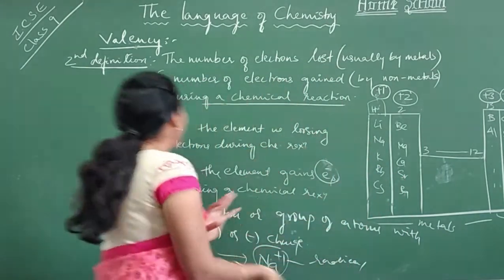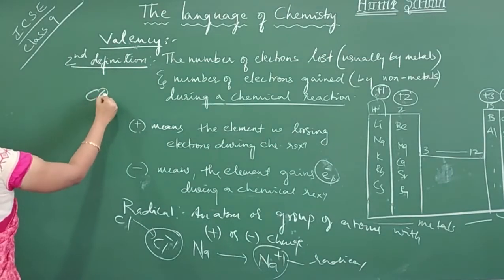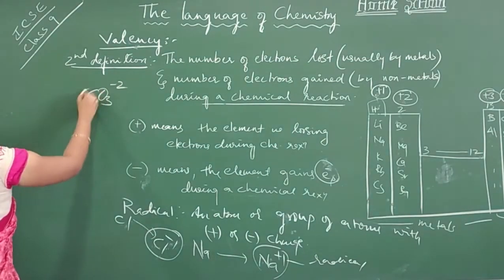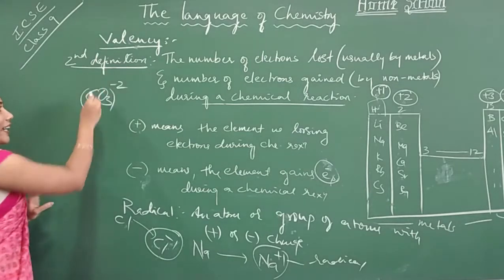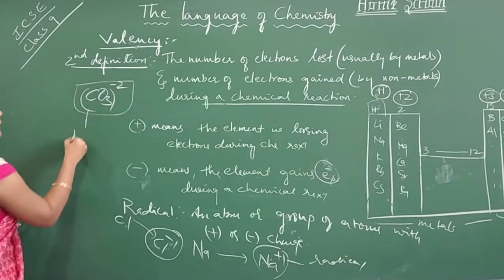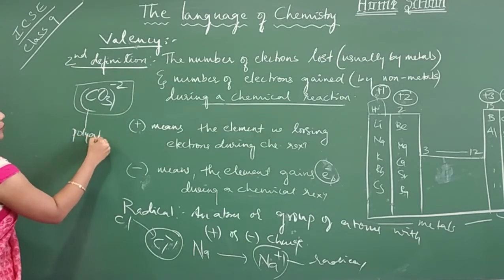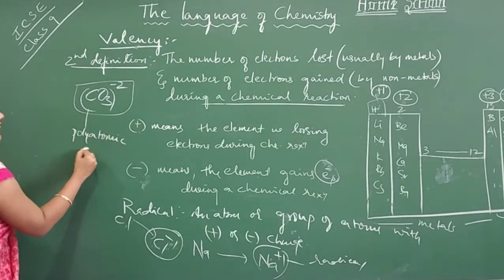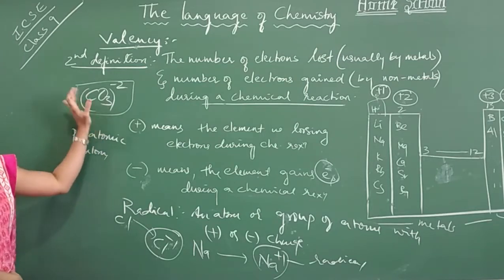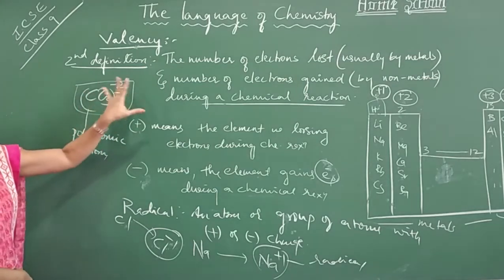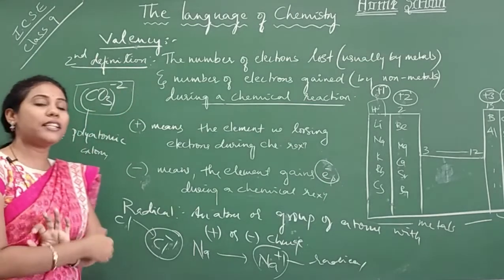Group of atoms in the sense, in our nature we have CO3 minus 2. CO3 is one group. That group has a charge, and such groups are called polyatomic groups. What do we call them? Polyatomic groups. Many atoms combined together form a group, and the group has a charge, either positive or negative.